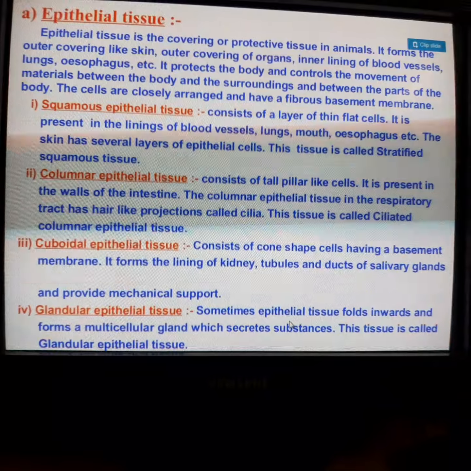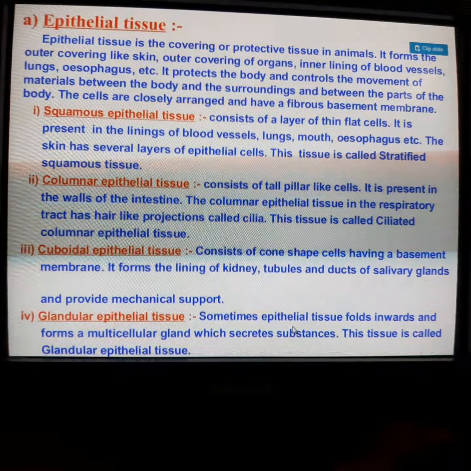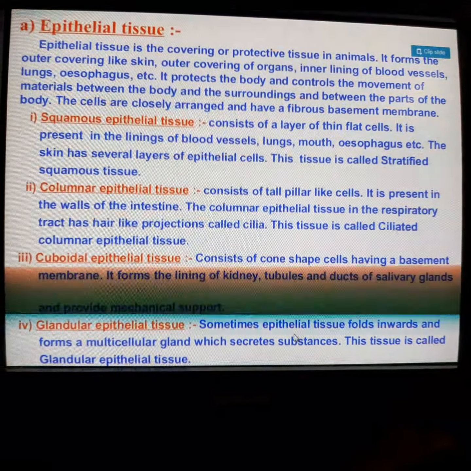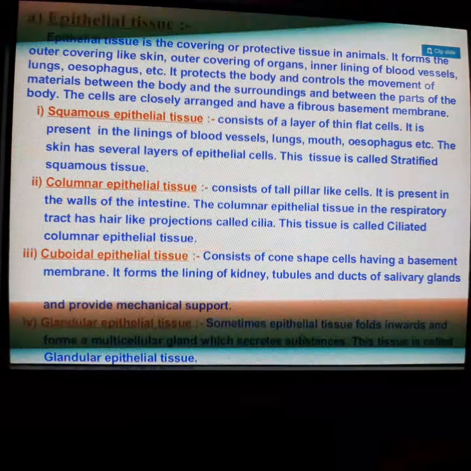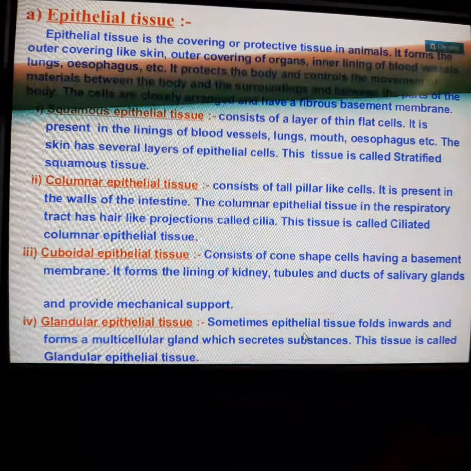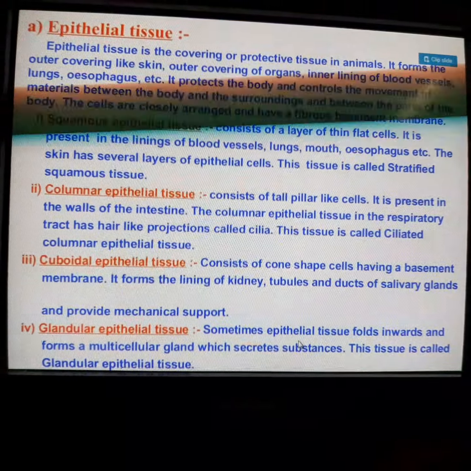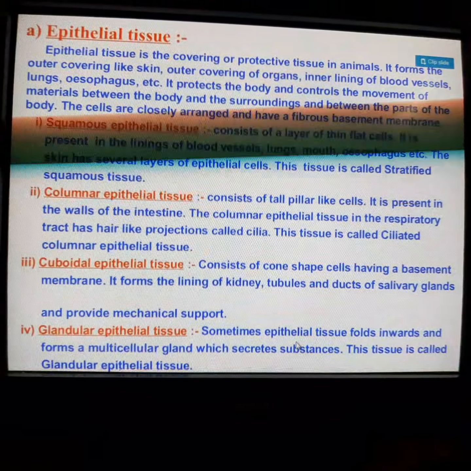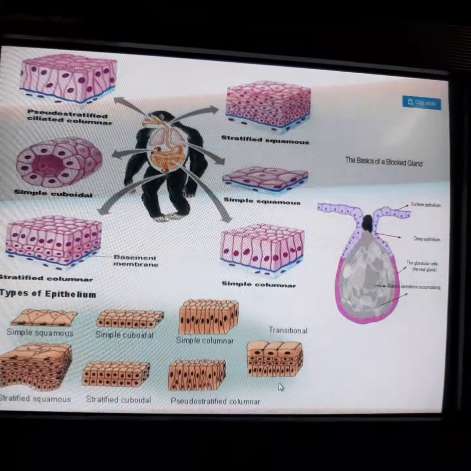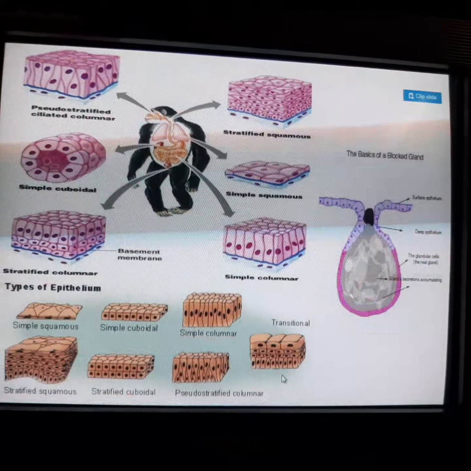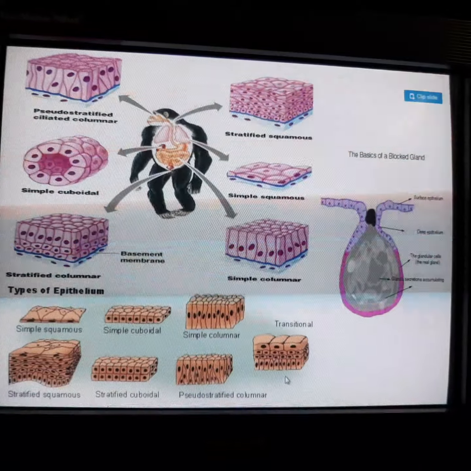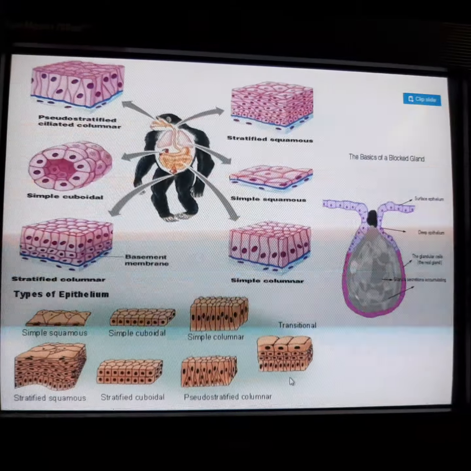Lastly, the glandular epithelial tissue is made up of special gland cells that can secrete substances, mainly chemical substances and hormones, like sweat glands, tear glands, and many other endocrine and exocrine glands inside the body. These are the various types of epithelial tissues. Please go through the diagram of each of the epithelial tissues in your NCERT.